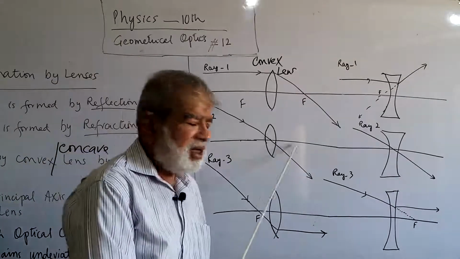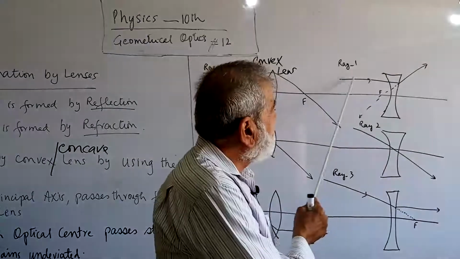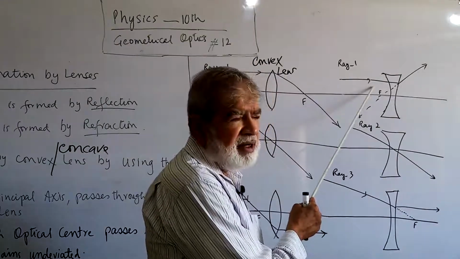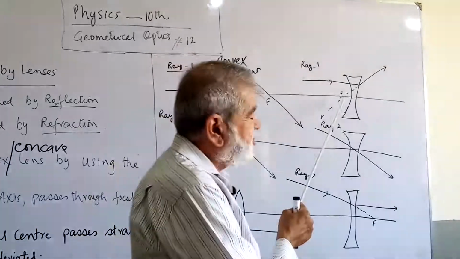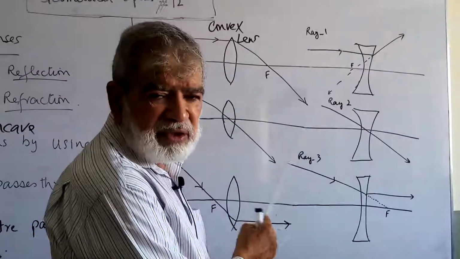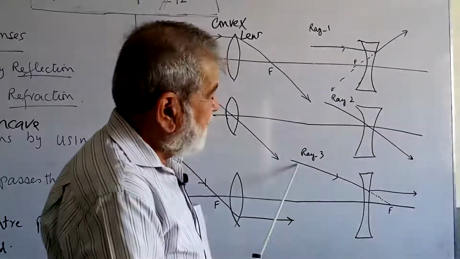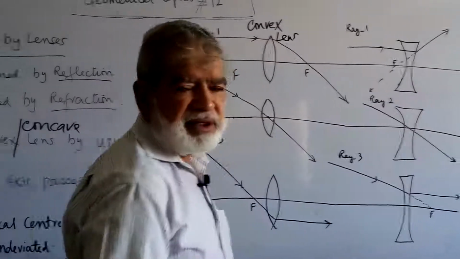And the same is the case for the concave lens. A ray parallel to the principal axis after refraction goes through the principal focus or the focal point. A ray which passes through the optical center goes straight undeviated, and a ray which is passing through the principal focus after refraction becomes parallel to the principal axis.